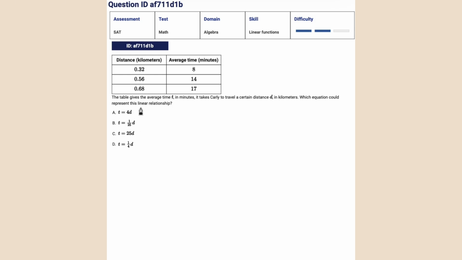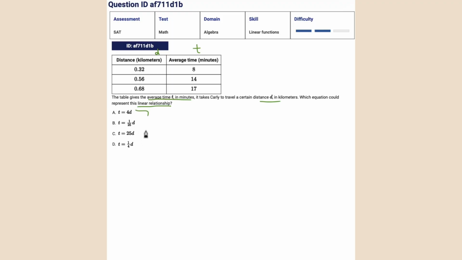So they're asking us about a linear equation here, and they've given us these many choices. They've given us a table with some values. Average time, t, this is t, okay? And the certain distance is this one, which is d.